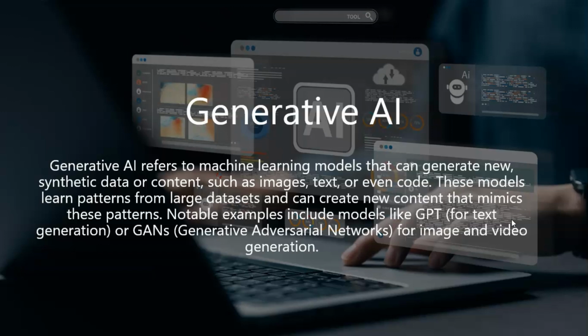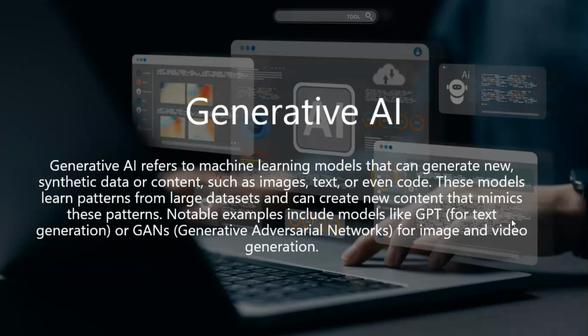So now we understand that if you feed more data, you have more accuracy in the output, right? How we do that is what we do in generative AI. So let's come back to what is generative AI. Generative AI refers to machine learning models that can generate new synthetic data or content, such as images, text, or even code. These models learn patterns from large data sets and can create new content that mimics these patterns.